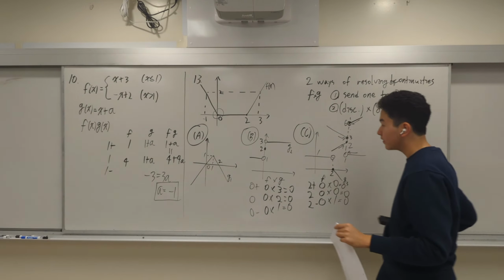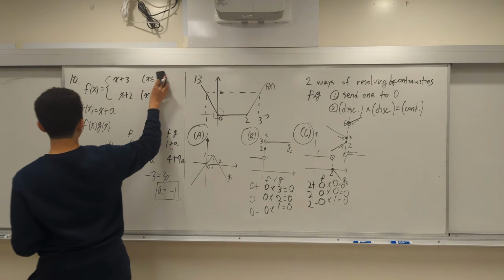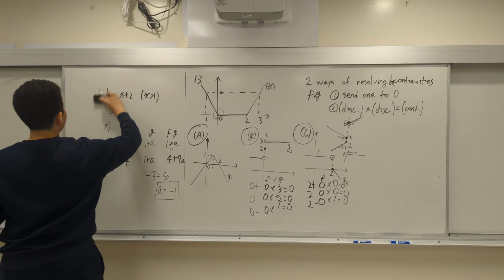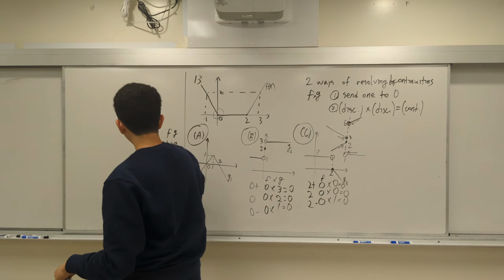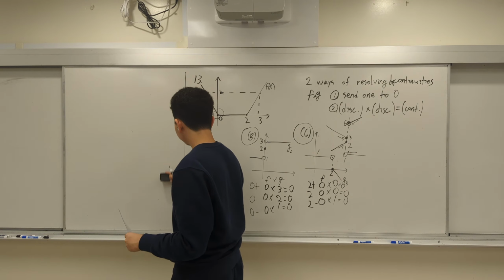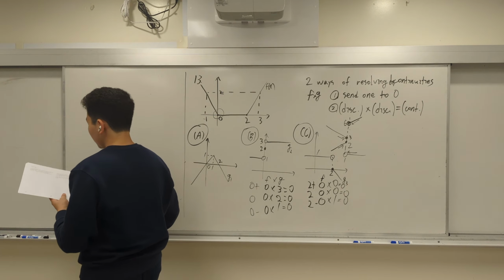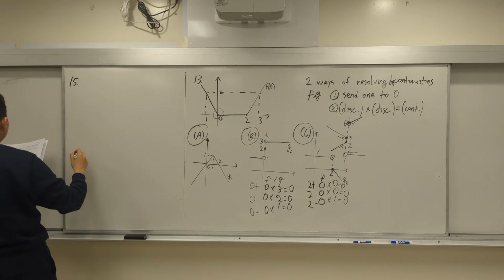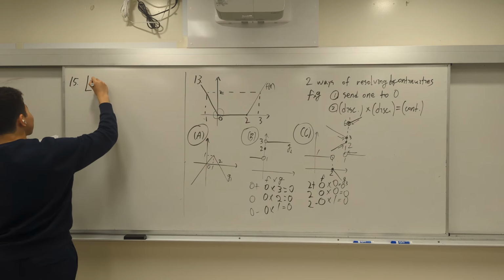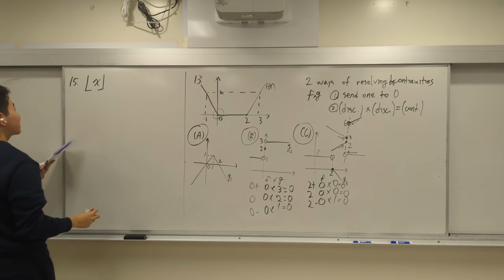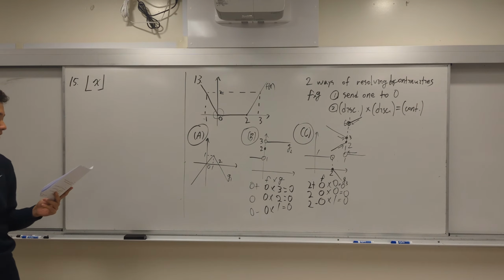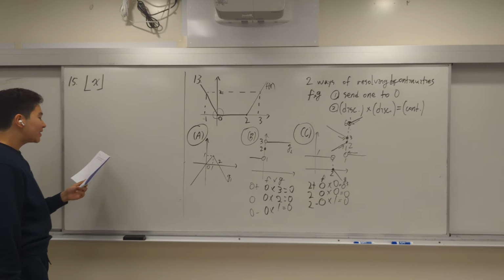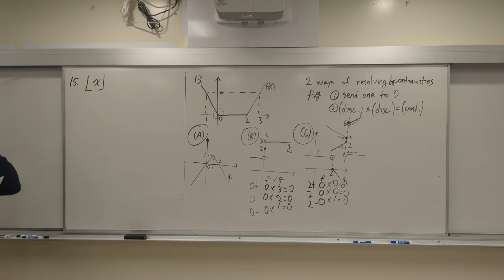So number 15, the function that is written here is called the floor function, and the definition is described in the problem. For real number x, it's written like this. This is called the floor of x. Let the floor of x denote the greatest integer that is not greater than x.